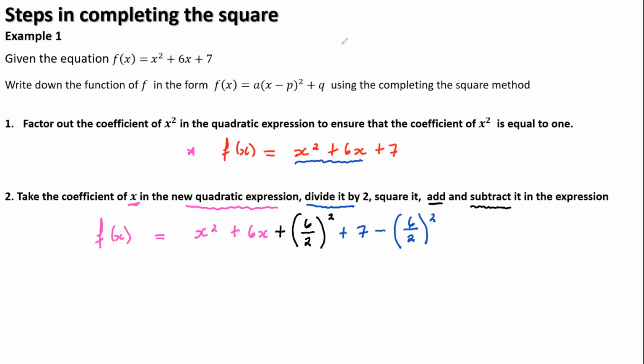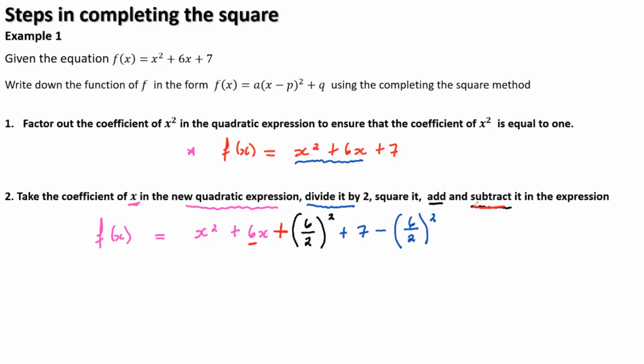Let's go back to this rule. What's going on in here? Take the coefficient of x. I took 6. I divided by 2 there. I squared it. Then I added. That's a plus. Then I took the same coefficient of x, 6. I divided it by 2. I squared it.